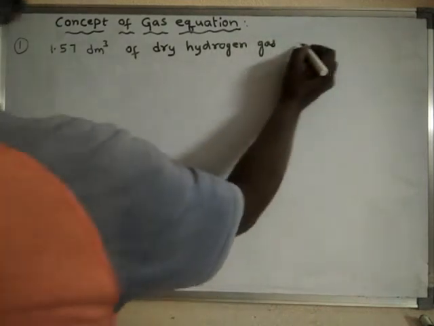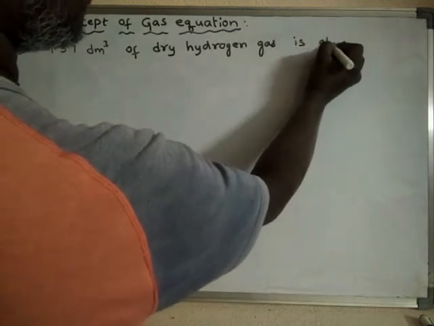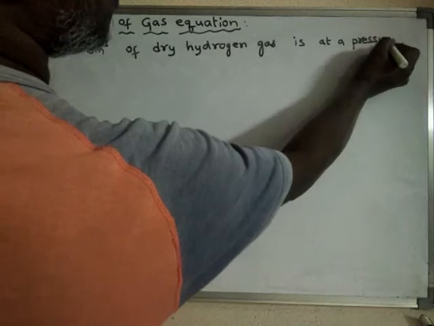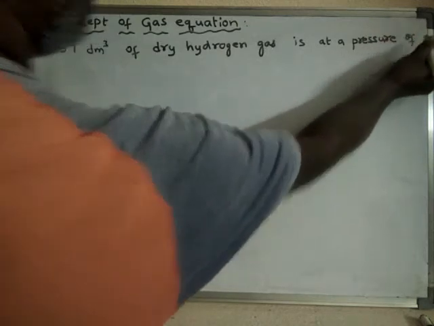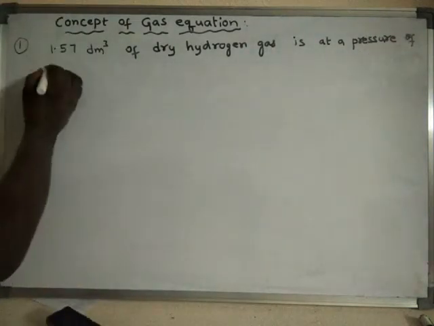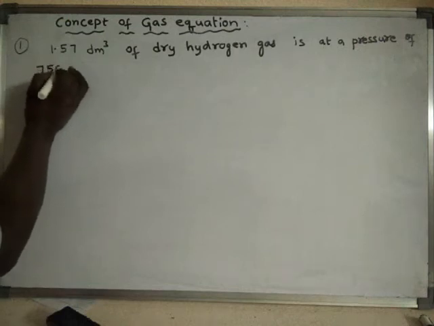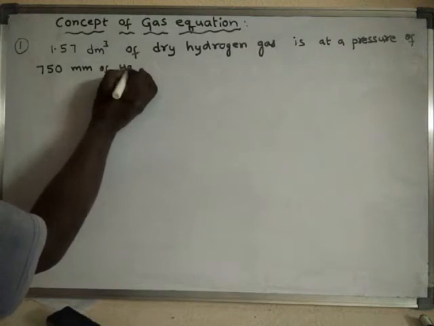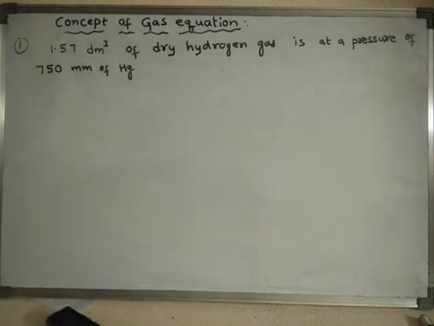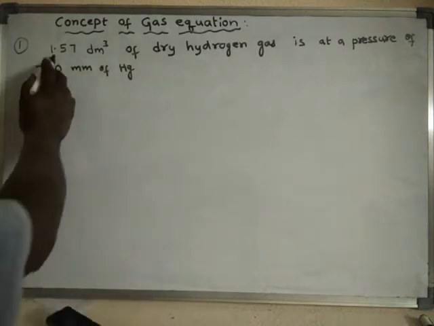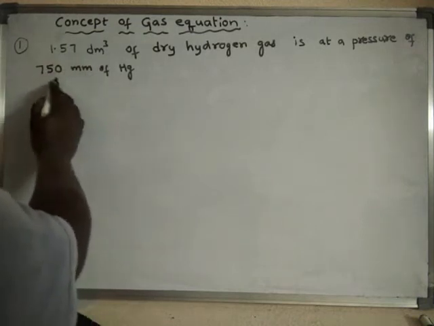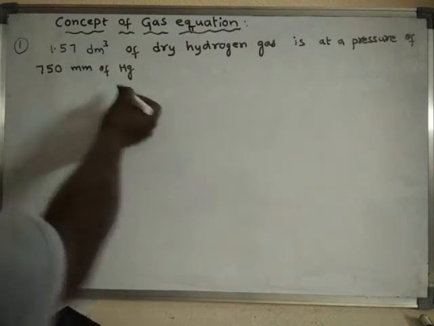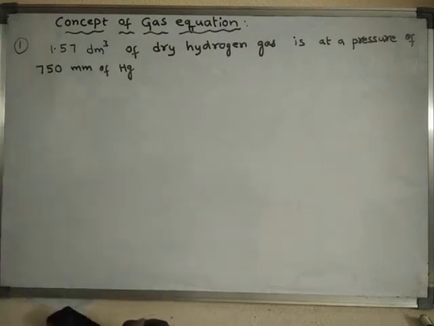So if 1.57 decimeter cube of dihydrogen gas is at a pressure of 750 millimeters of mercury, the volume and the pressure are given. So the initial volume and initial pressure of the gas are given.